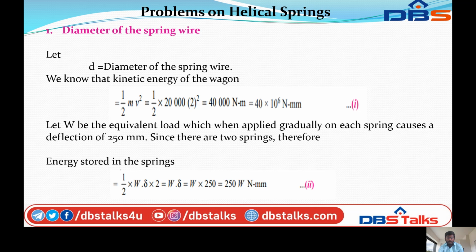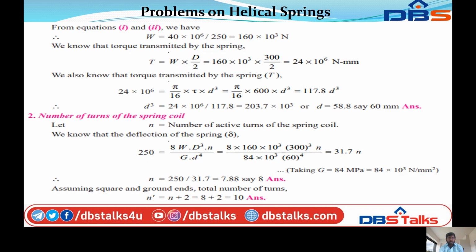So this is equation number 2. From equation 1 and equation 2, W is equal to 40 into 10 power 6 by 250. Finally W is equal to 160 into 10 cube Newton.